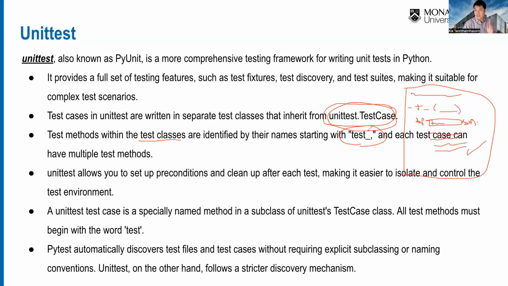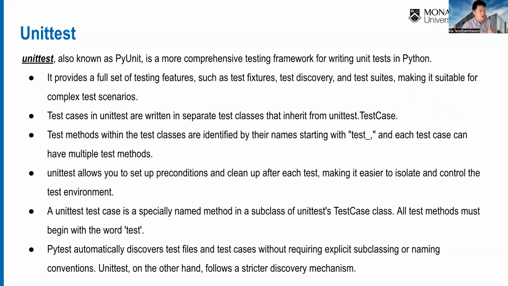This is how we write the unit test. I will show you the example in the next slide as well. Because unittest provides comprehensive testing functionality, it can do lots of complex things. That's why most people use unittest instead of doctest or the basic assert function.